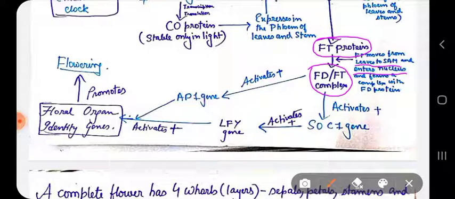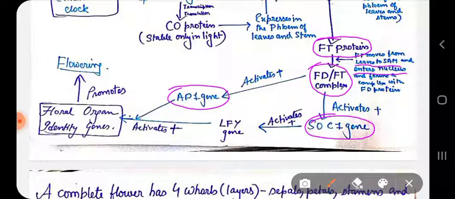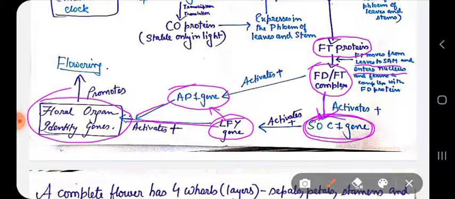FD-FT complex now activates the SOC1 gene. It also activates the Apetala-1 gene. Now, as we know, SOC1 gene is an activator. It activates the LFY gene, which in turn activates the AP1 gene as well. And together they are activating the class 3 floral organ identity genes, which promotes flowering.